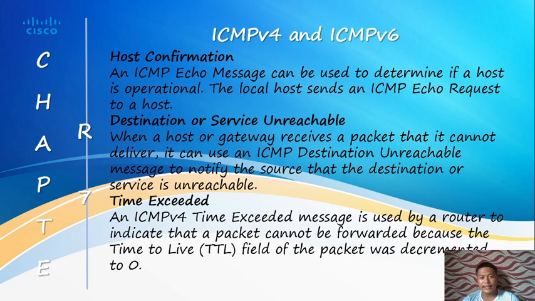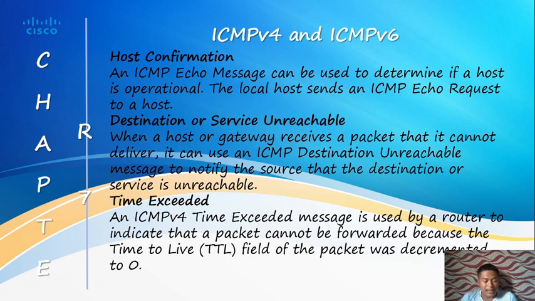ICMPv4 and ICMPv6. Host configuration. An ICMP echo message can be used to determine if a host is operational. The local host sends an ICMP echo request to a destination host. Destination or service unreachable. When a host or gateway receives a packet that it cannot deliver, it can use an ICMP destination unreachable message to notify the source that the destination or service is unreachable.